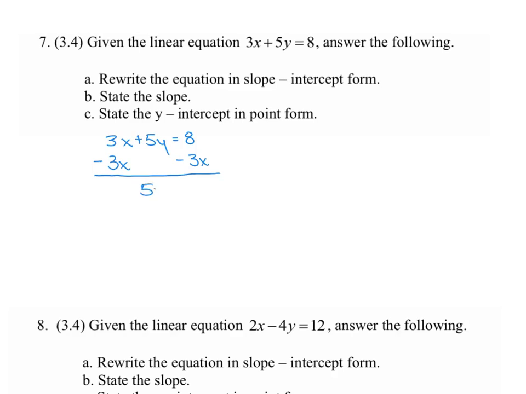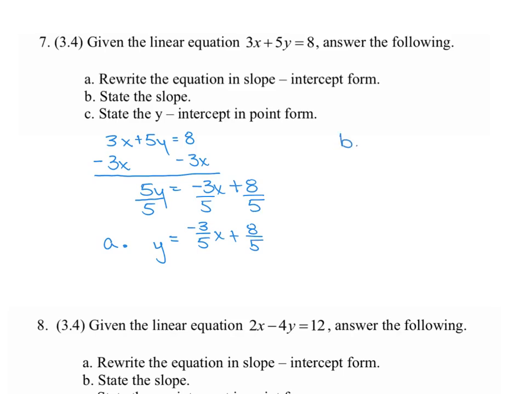We get 5y equals, again I'm going to put my x term first so that it matches up with my slope-intercept form. And then we divide by 5 to each term. So my part A, we have y equals negative 3/5 x plus 8/5.